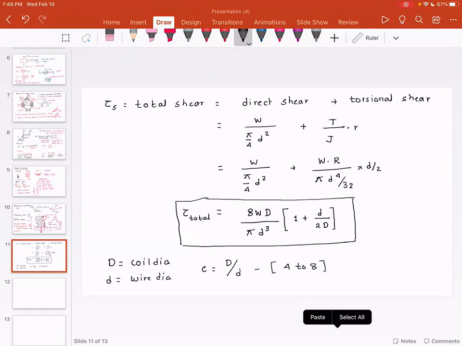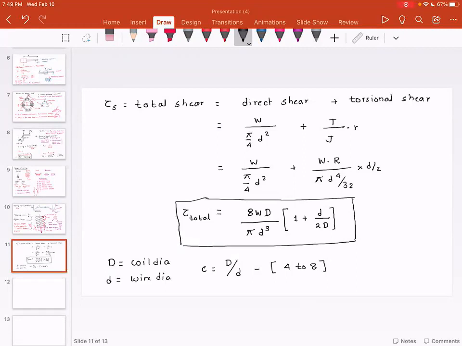This is a design parameter because spring coiling machines and their tools are designed so that you can have different values of C. But typical values of C are anywhere between 4 to 8.